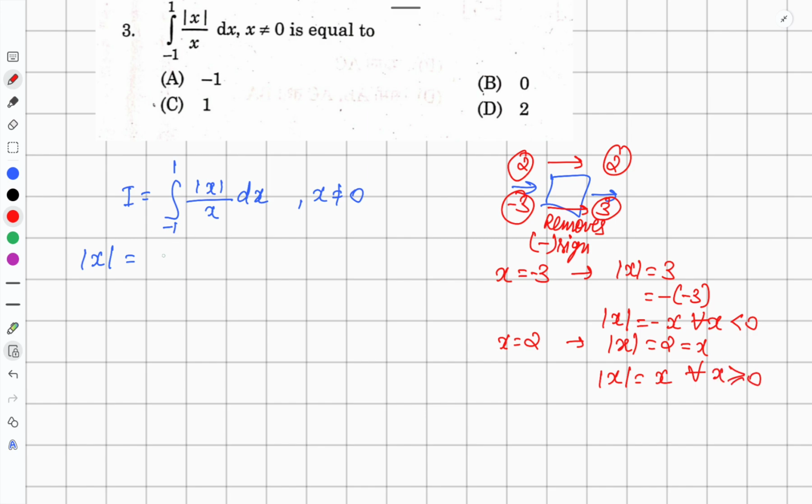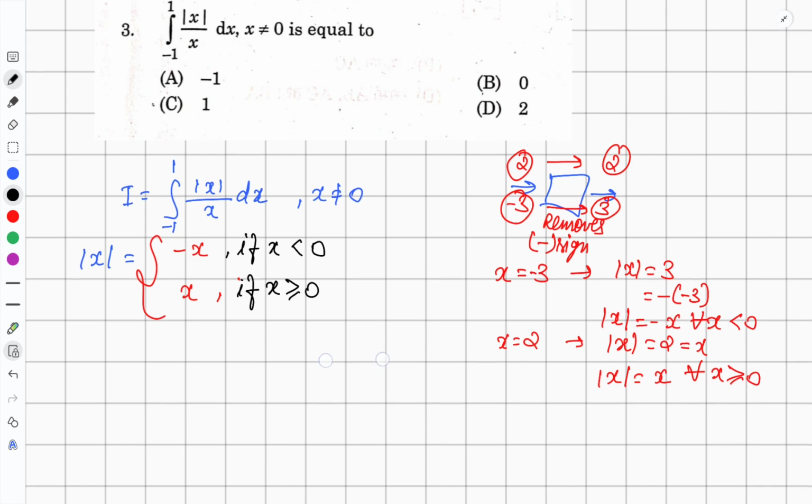So this is the definition of a modulus function. It is equal to minus x if x is less than 0, and equal to x if x is greater than or equal to 0.